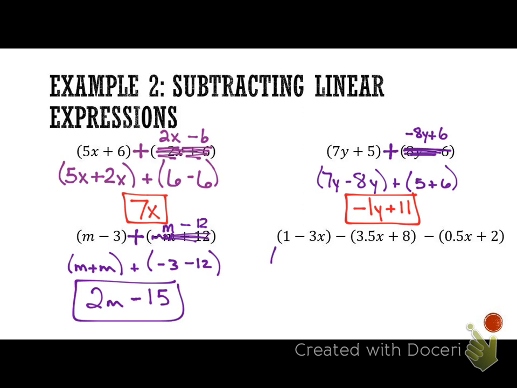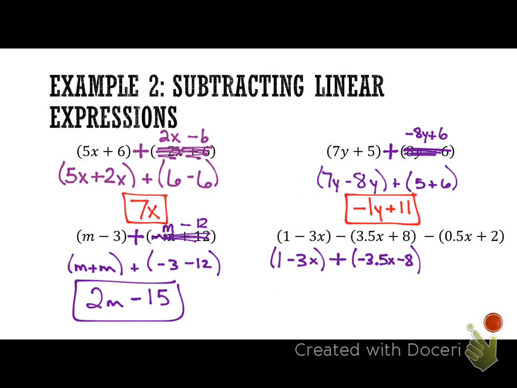Okay, so we have 1 minus 3x plus, you're changing the minus to a plus. And what happens when you change it to a plus? Change your signs. So now it's plus negative 3.5x minus 8. You see what I did there?